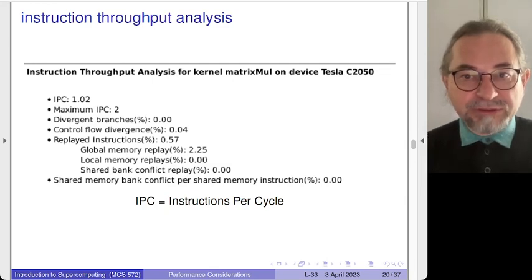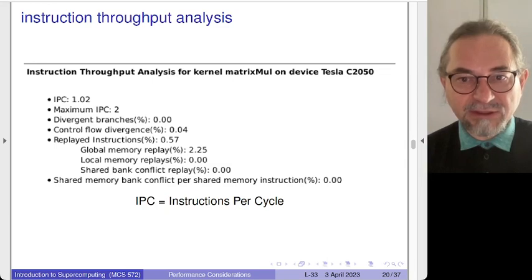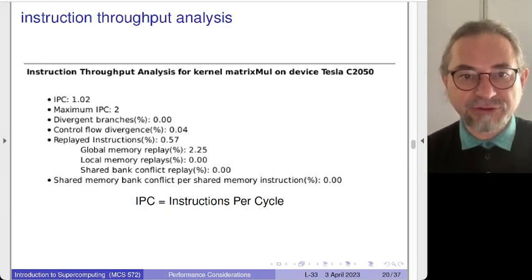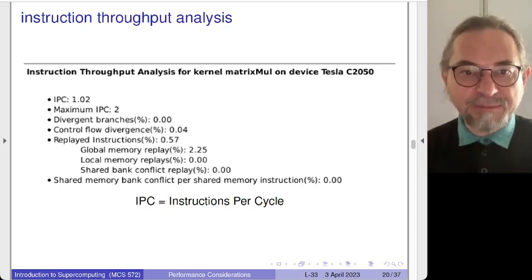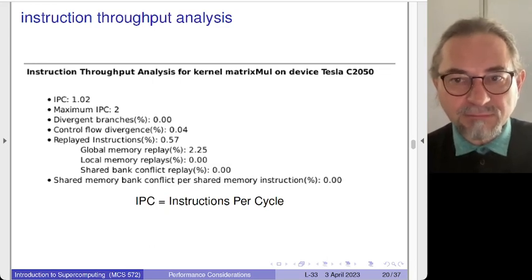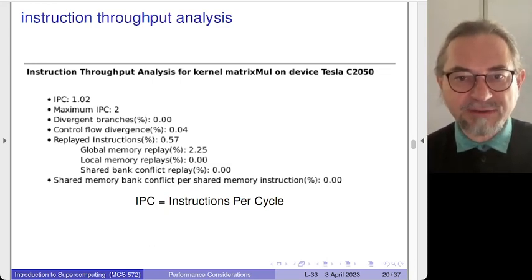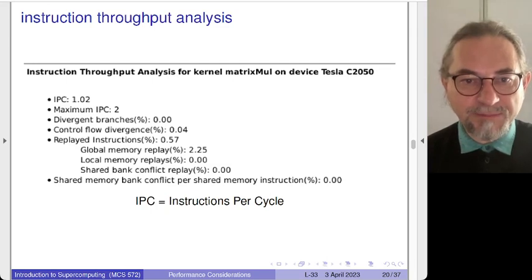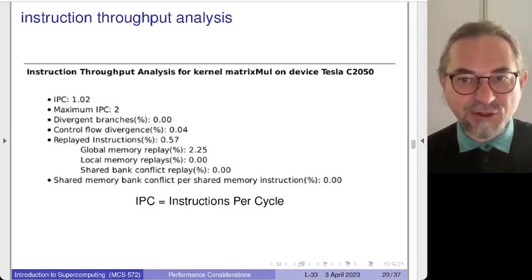So here is actually something that is not that good. This is the instructions per cycle. So we had now the IPC. In some sense, the concepts that we introduced in previous lectures are very good here.